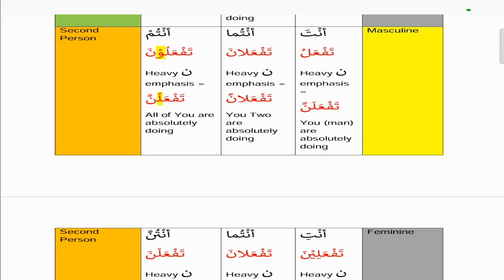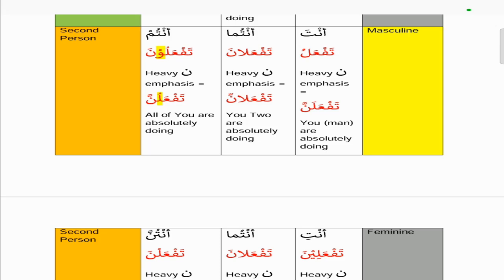So antuma is taf'alani, and then again, the heavy noon emphasis will be taf'alani, which means you two are absolutely doing. And then antum, which means you all, which includes masculine and feminine. So the original is taf'aluna, and the noon emphasis, heavy emphasis, would be taf'alunna. All of you are absolutely doing.